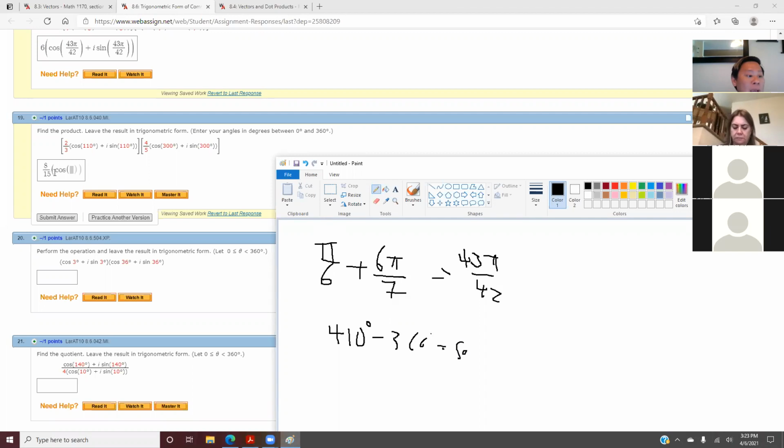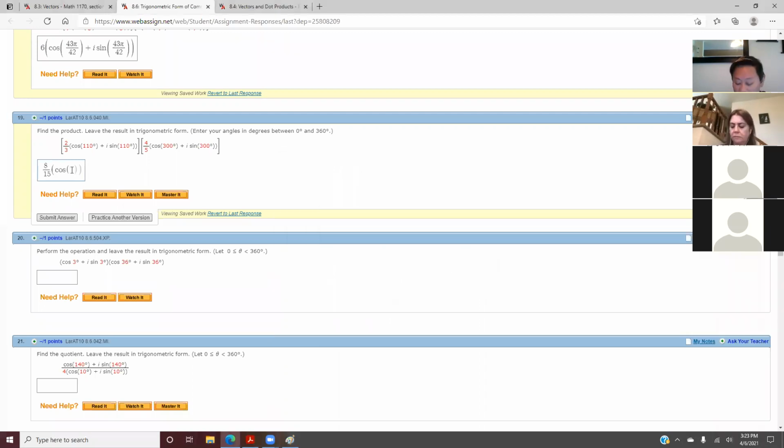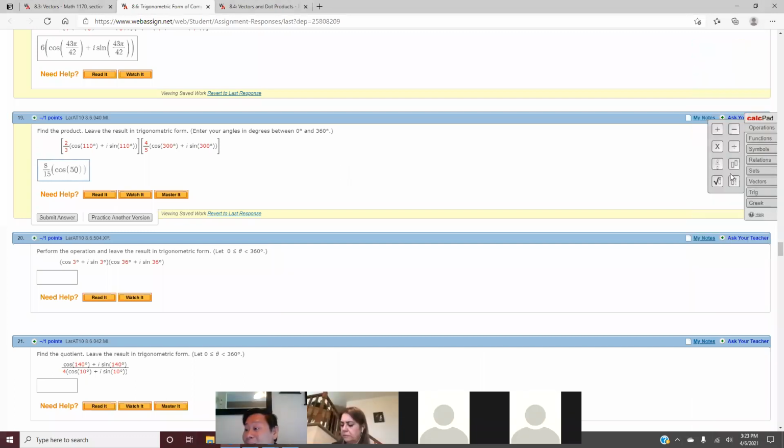So your answer would be 8/15 cosine 50 degrees. You need to put that degree symbol in there. They're very picky, I want to point out to you guys. Plus I sine 50 degrees. Make sure you have the degree symbol.